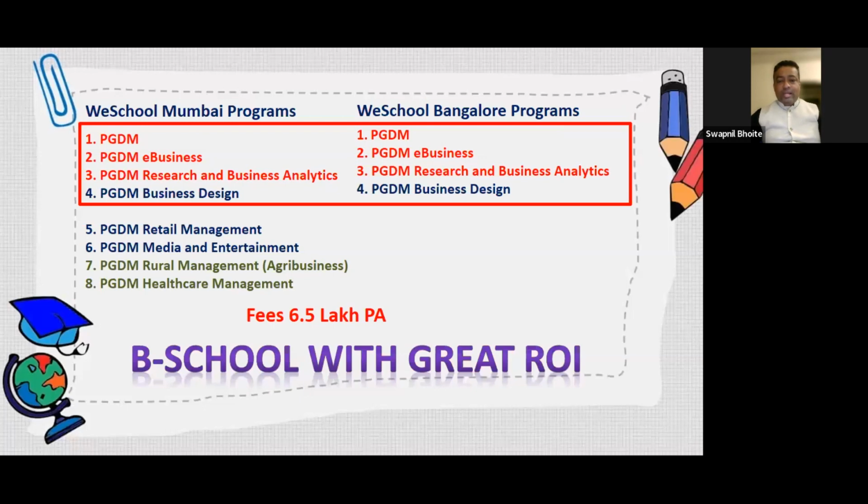The highlight of both Bombay and Bangalore which students need to know is umbrella placements. What do I mean by umbrella placements? Even if you're from PGDM or rural or healthcare, it will not matter if a Deloitte comes or a KPMG comes or an Amazon comes. Each one of you has an equal opportunity.